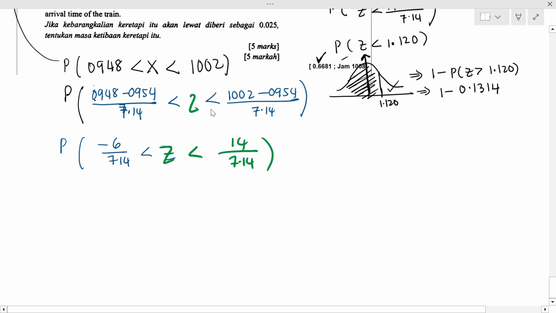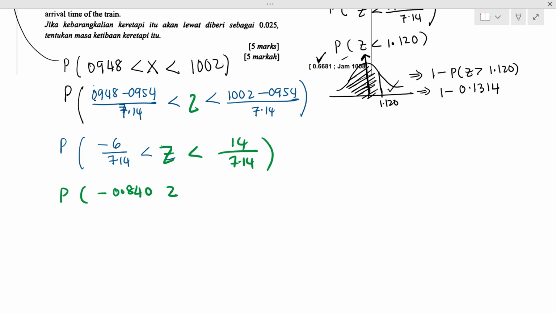Okay, and now convert them into 3 decimal points. Negative 0.840, 1.961.